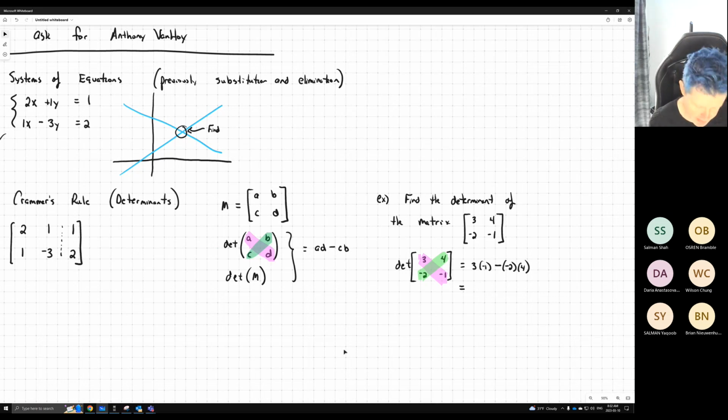That's going to be -3 plus 8, which is 5. So the determinant of this matrix is 5. Now, in just a few moments, we'll see how this helps us to solve systems. Okay, let's do another one.